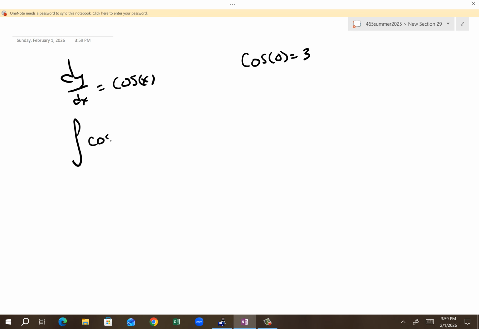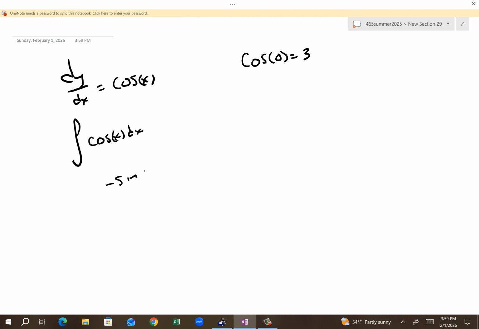Okay, so suppose I told you, just for grins, dy/dx is cosine x. Further, let's say I tell you that y of 0 is 3. Okay, check it out. From whence did this come? I don't know. Let's find out.